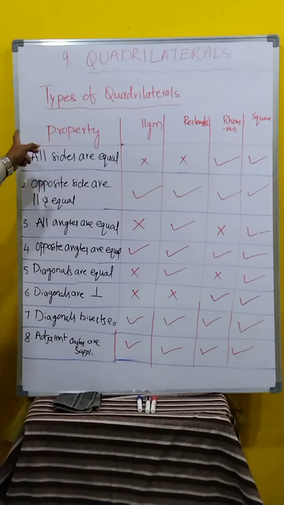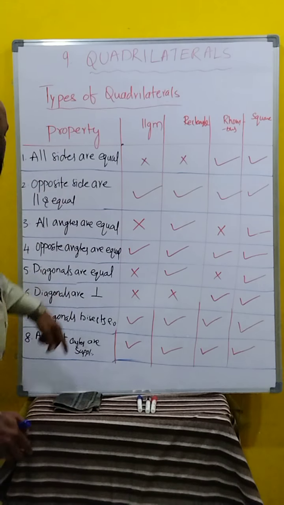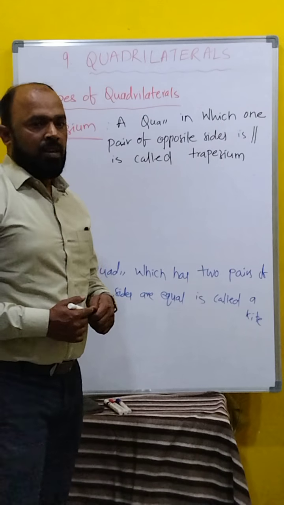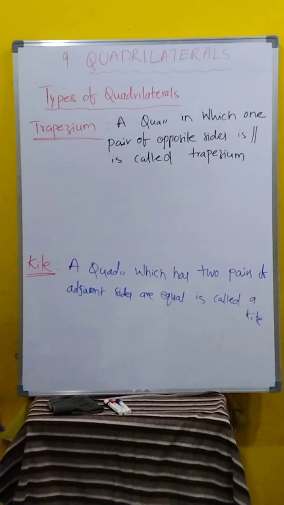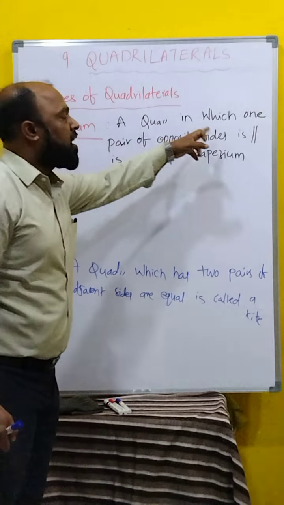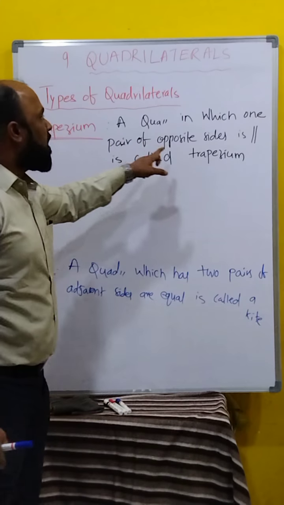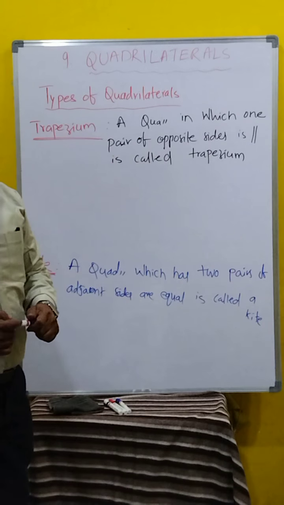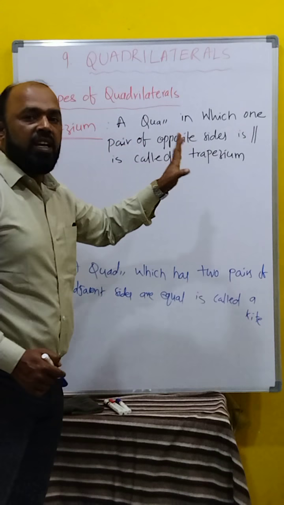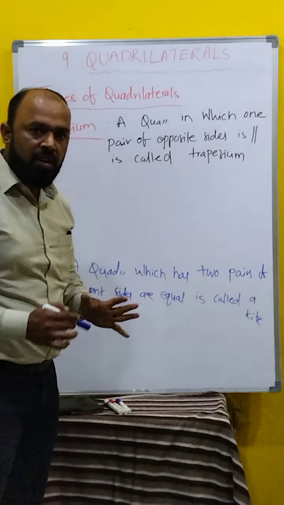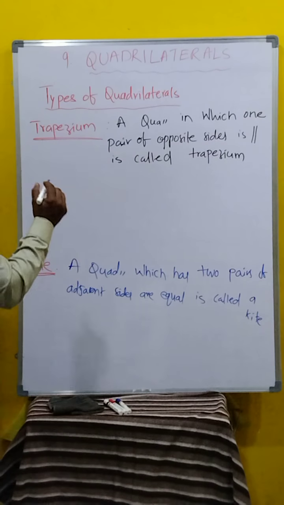Now, next we will discuss the trapezium as well as kite. Next one is trapezium. What is the definition of the trapezium? A quadrilateral in which one pair of opposite sides is parallel is called a trapezium.